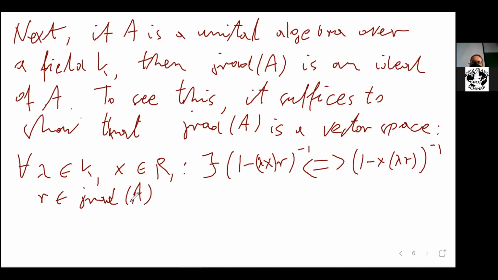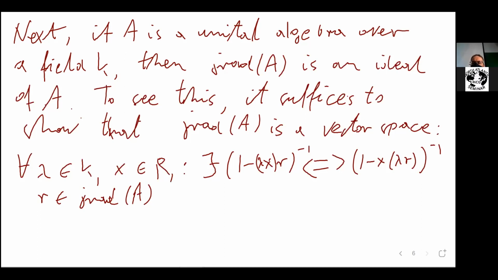Okay, so by definition, if R is in the Jacobson radical of A, then 1 minus anything times R is invertible. I write this anything as lambda times X, where lambda is an arbitrary number and X is an arbitrary element of my ring. And I just trivially shift lambda to multiply R instead of X. I shift the parentheses. And now I say, hey, look, I have lambda R, and for every X in the ring, 1 minus X times lambda R is invertible.